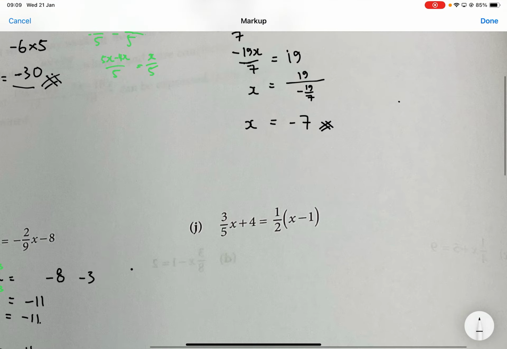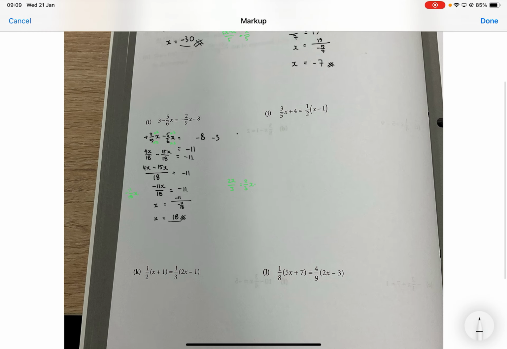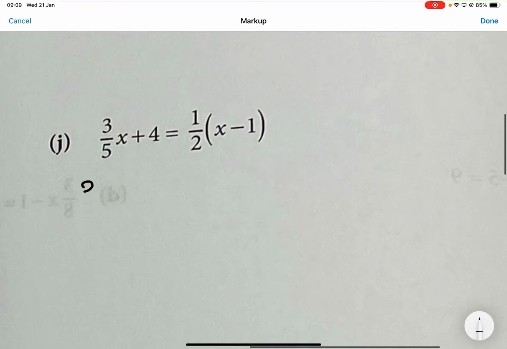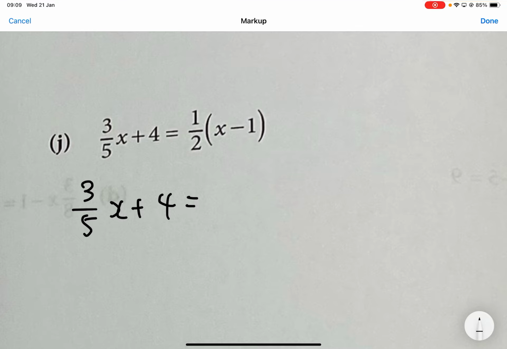Okay. Homework. Before I ask you all to do this, I help you all with the first step. Because now my x is inside the bracket, I cannot touch my x. But I don't want my x to be on the right. So I have to save my x from the bracket first. I must open up the bracket first.